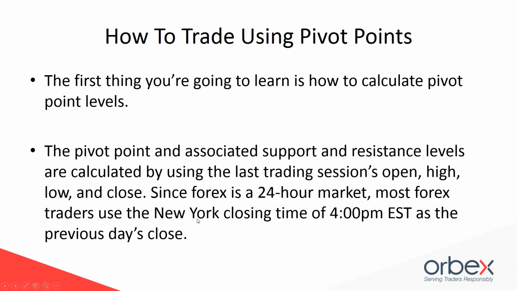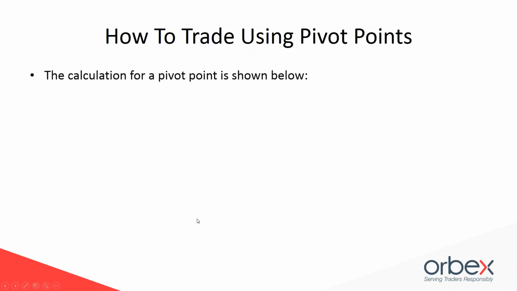Next, we'll look at how to calculate the pivot point. The pivot point is basically the high plus the low plus the close, divided by 3.